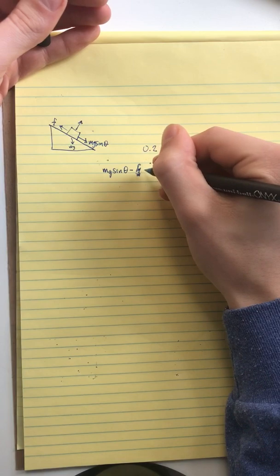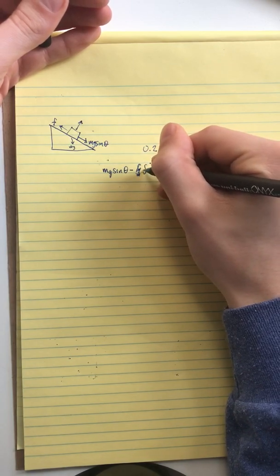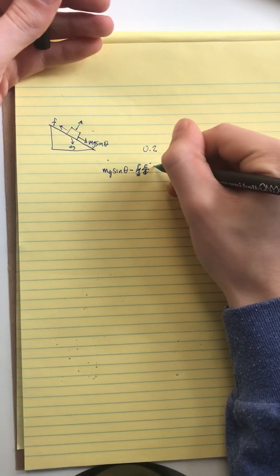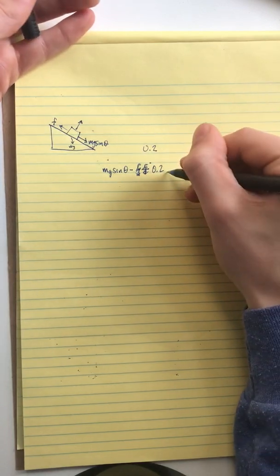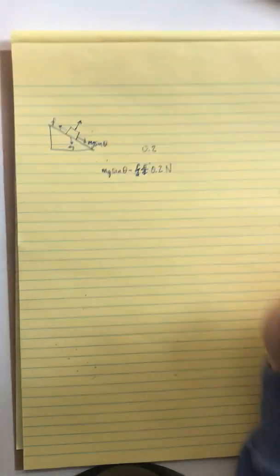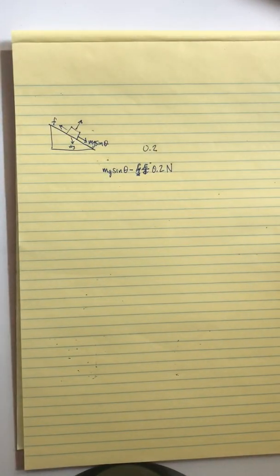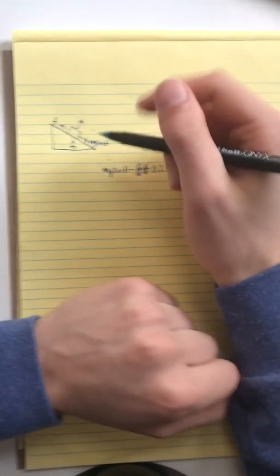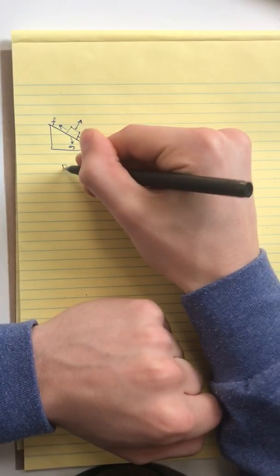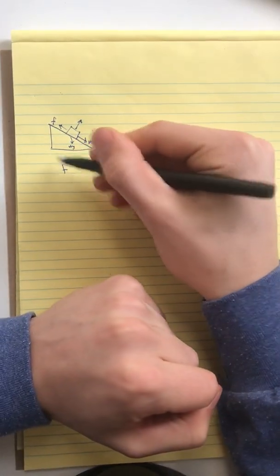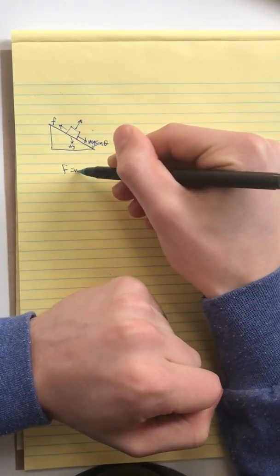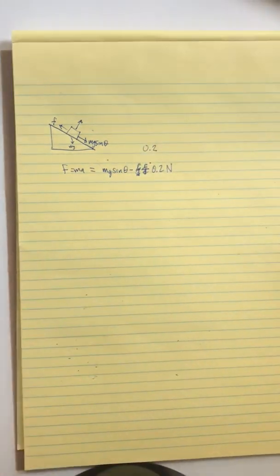So you go minus 0.2 times the normal force, okay? So friction coefficient times the normal force. That's what you do. And that of course equals sum of all forces, which is F, which equals ma, of course, Newton's second law.